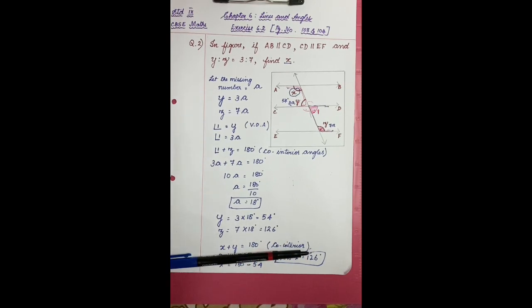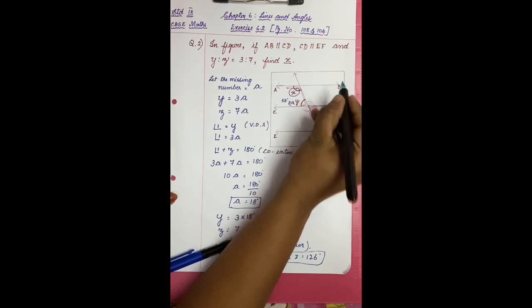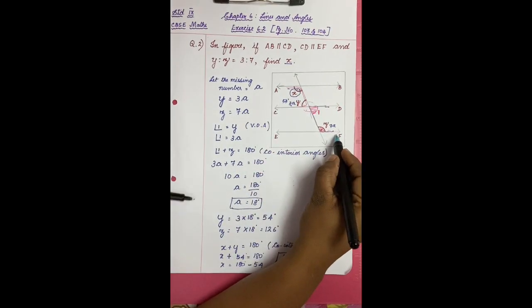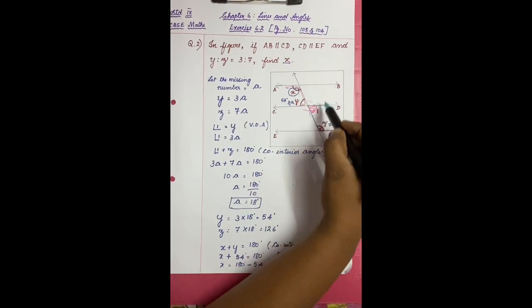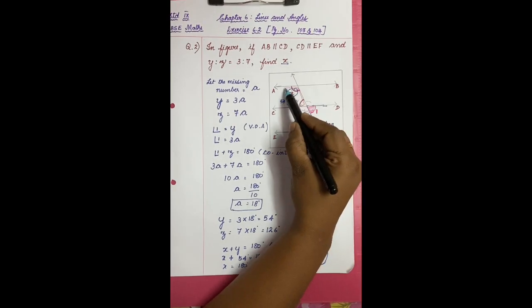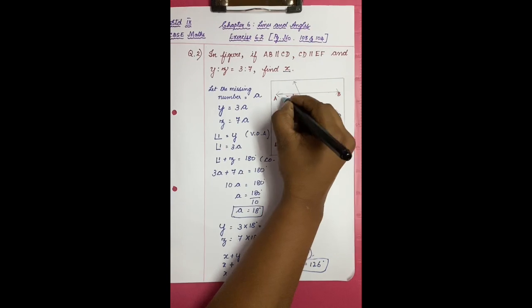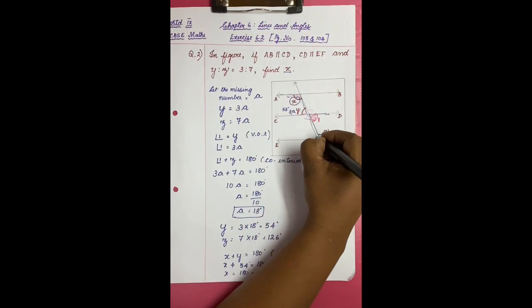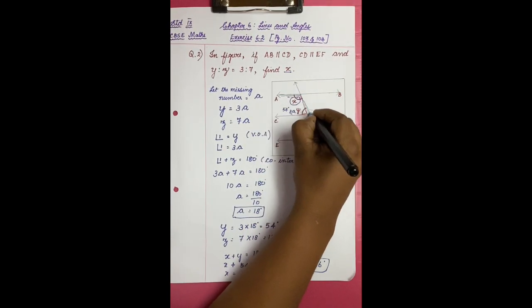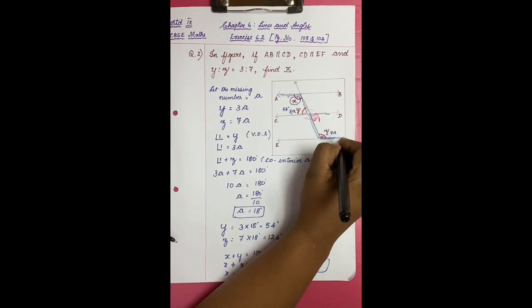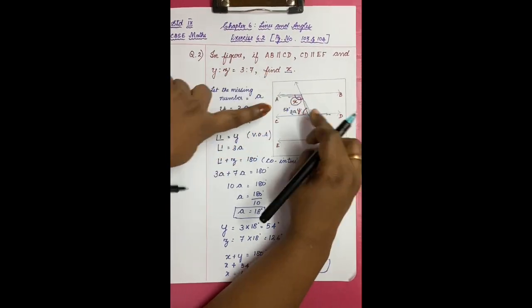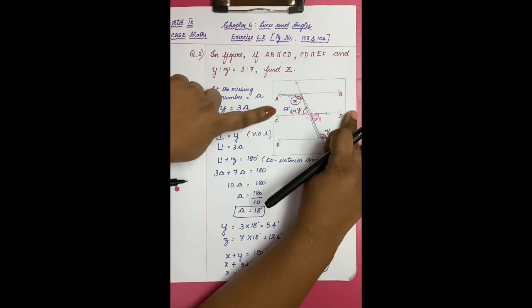Just look at this. Now, I know AB and EF are parallel lines. These two are parallel, and this X and this Z, if you see the big Z, can you see a big Z here? Just for a moment you think that this CD parallel line is not there, invisible.